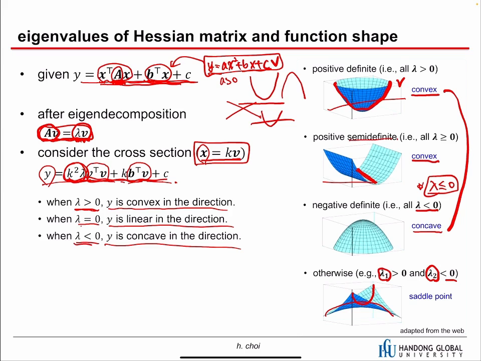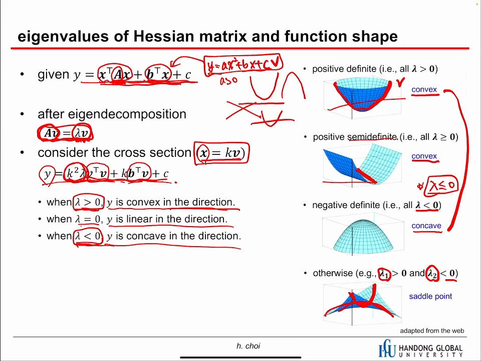And when we have a positive eigenvalue and a negative eigenvalue, it means in the direction with the positive eigenvalue it is convex, but in the negative direction it is concave, so it is a saddle point.